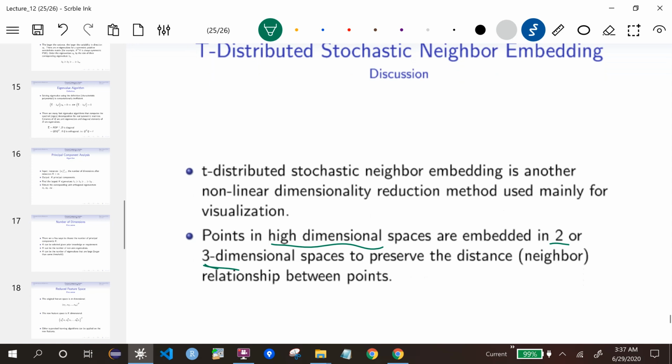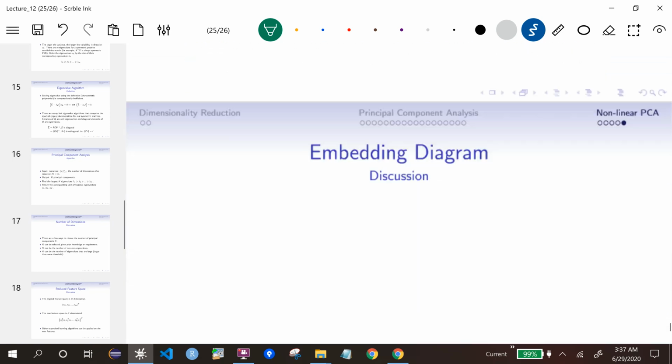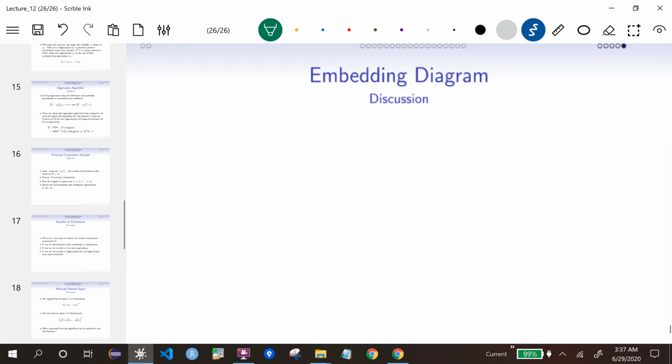Okay, so the idea here is more related to embedding. Let me first talk about this embedding idea. Say we want to embed a 2D shape into 1D while preserving the distances. By the way, embedding just means preserving the distance structure.